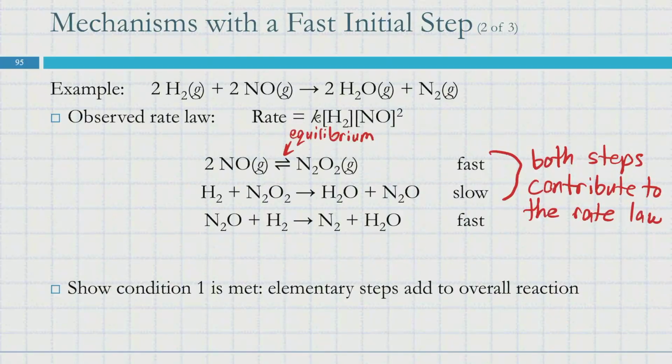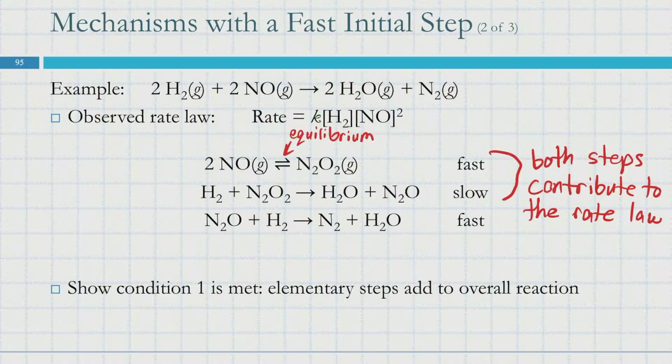So we've got our overall reaction up at the top. We did an experiment. We figured out that our observed rate law is this. We've come up with some ideas, or somebody's come up with some ideas for us about what our steps might be. And we've determined magically that they're fast, slow, and fast respectively.